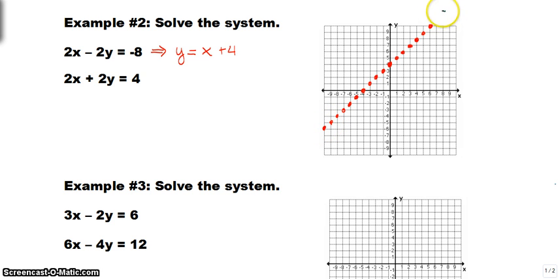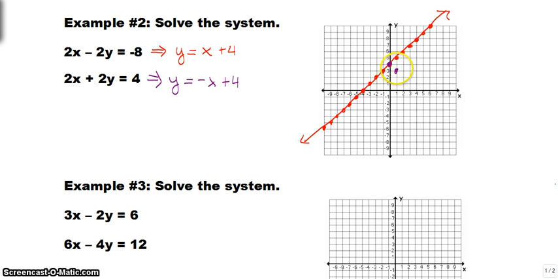Alright, so here is my first line. Now my second line, if I solve that one for y, I get y equals negative x plus 4. So I'm going to start at my y-intercept, and I can automatically find my intersection point is right there.